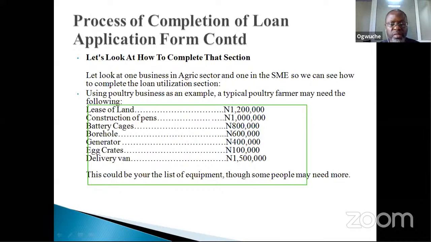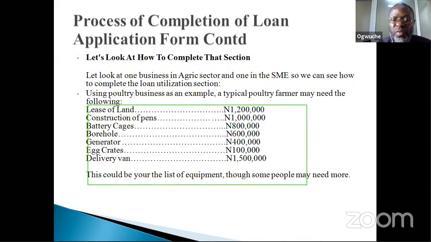Then delivery vans, very critical because you have to deliver your product to the market. If you are going into processed chicken, then of course you need a deep freezer, which is also very important.